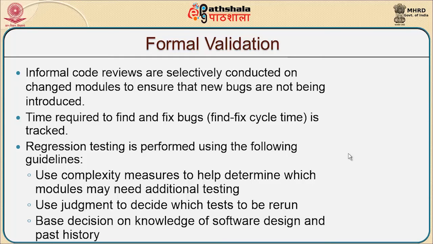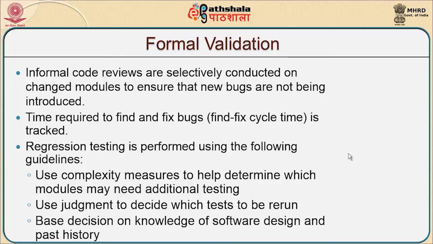Regression testing is performed using the following guidelines. As was earlier mentioned, during the informal validation also there will be a phase of regression testing, and formal validation also looks after all the testing stages that we have gone across in informal stages. Here also regression testing is performed again using the same guidelines, where we understand the complexity measures to determine which module may need additional testing.